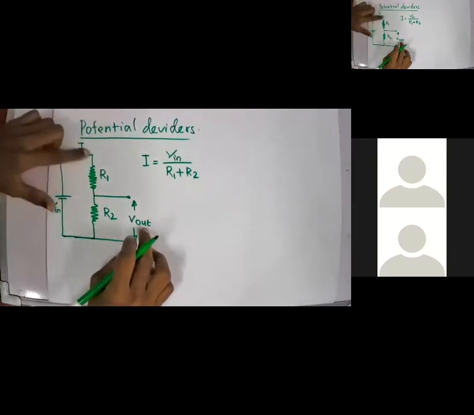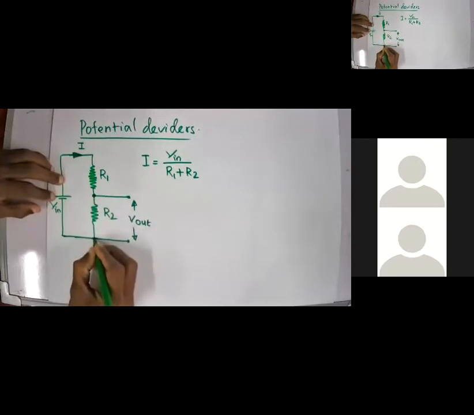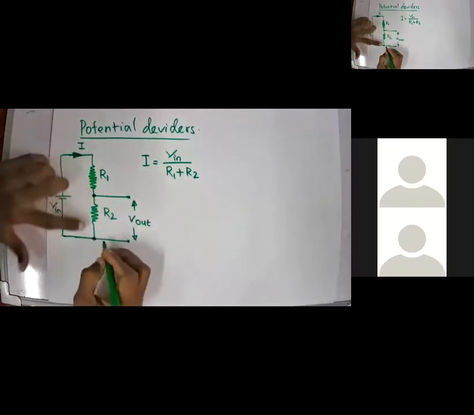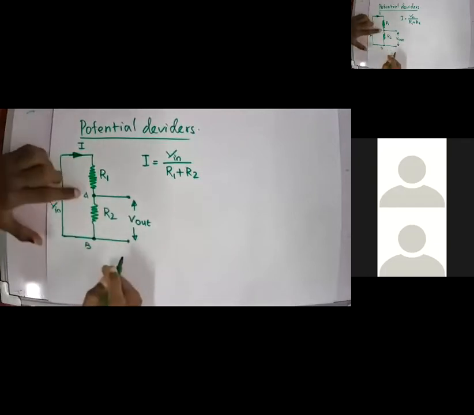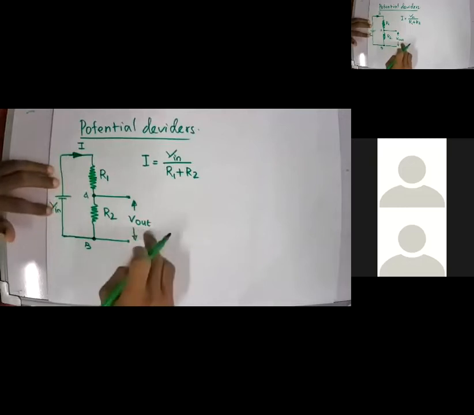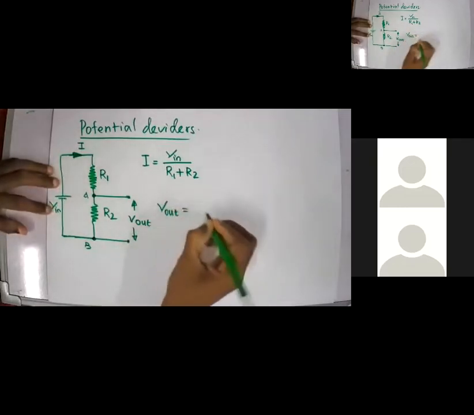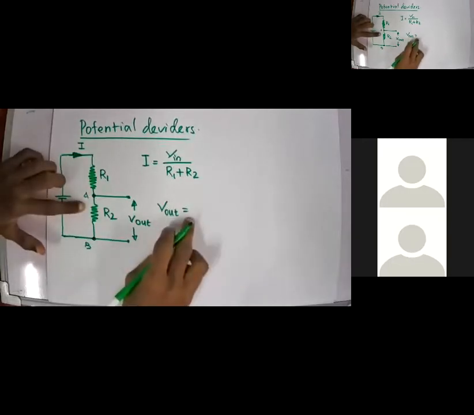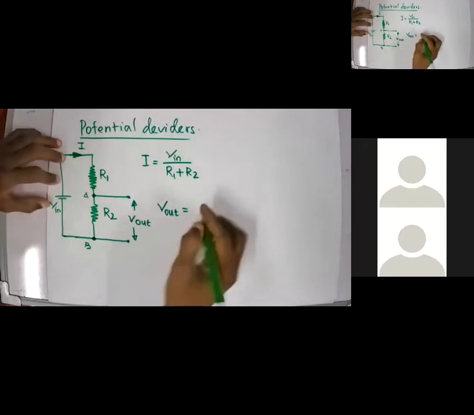If I apply Ohm's law across points A and B, the voltage across those two points is V out. So as per Ohm's law, V out equals I into R2. Am I right?